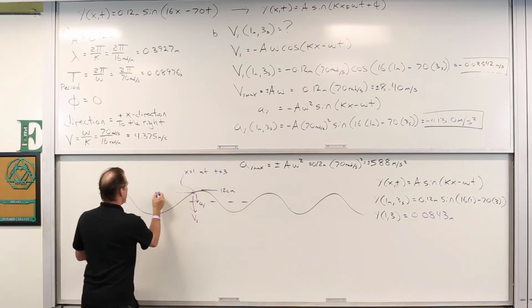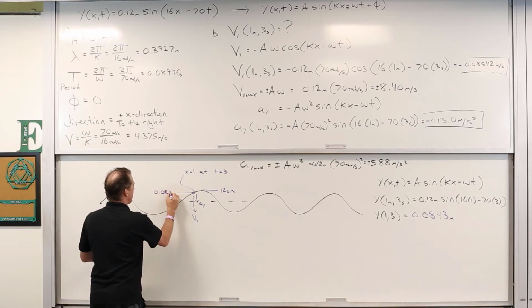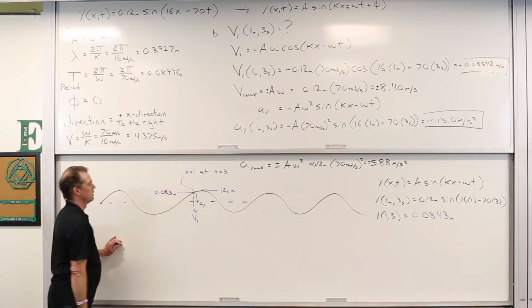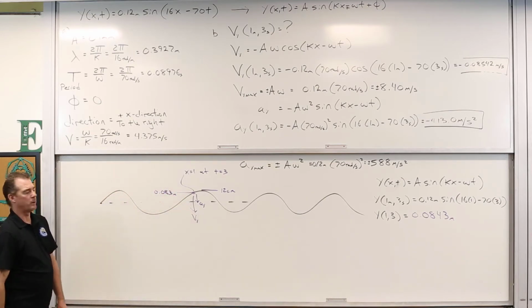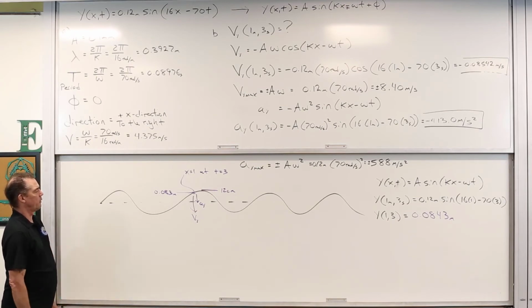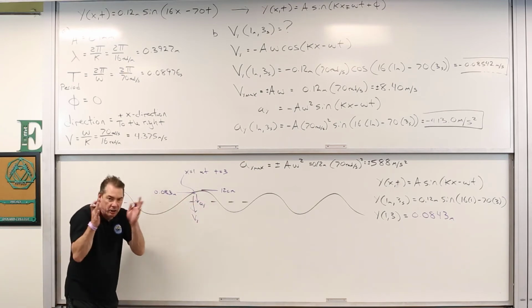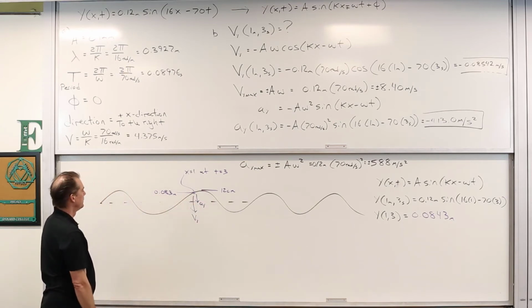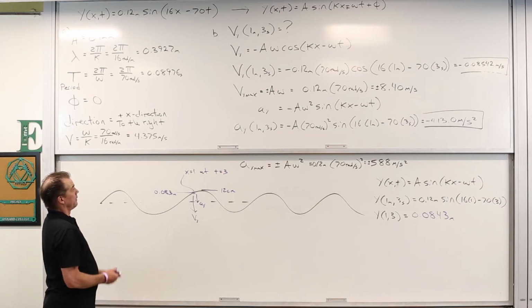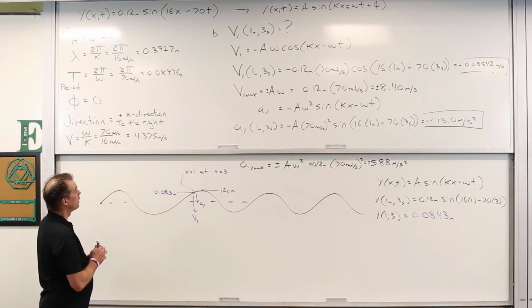So could this be 0.083? Sure, that stands to reason. That element's going down, the acceleration's down. There's where it would be within the cycle that that element is constrained within. Pretty cool, yeah? Heck yeah, it is. So, there we go.